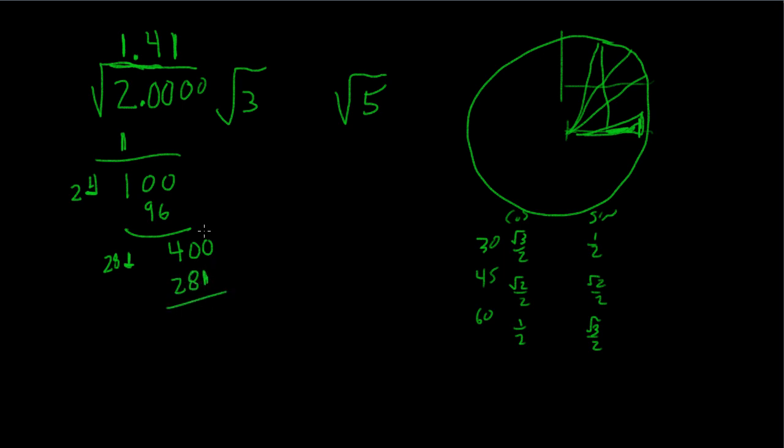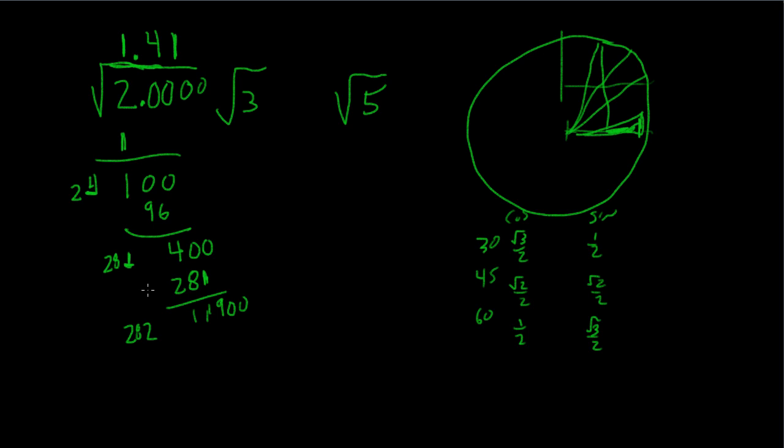You subtract out now, you've got 10 minus 1 is 9, and 9 minus 8 is 1, and you get 119. Bring down another set of double zeros. You remember you take that 141 and you double it and you get 282.